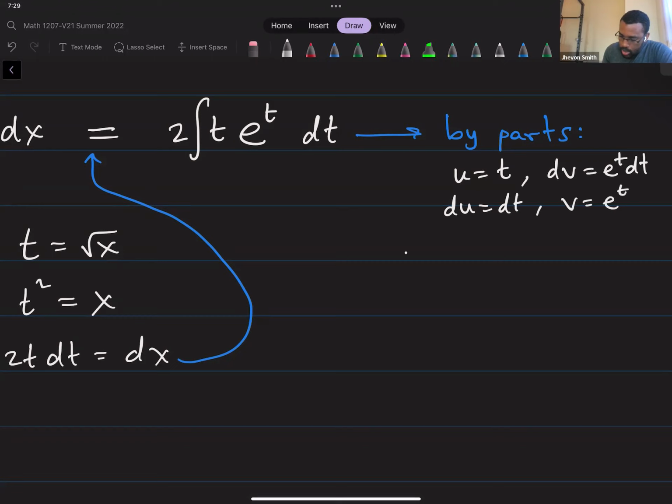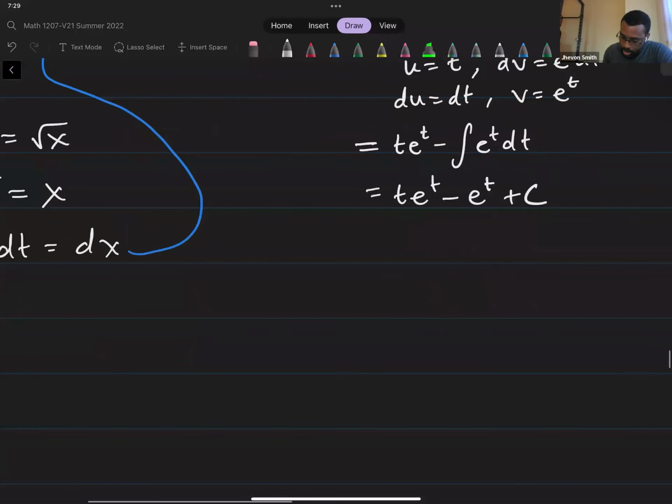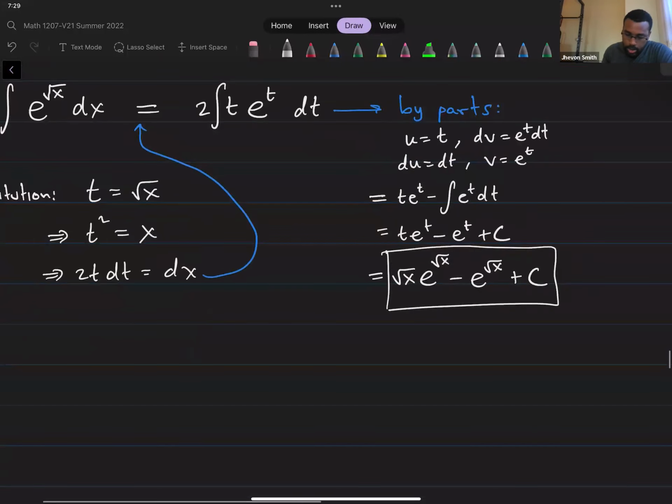So this gives us u times v minus the integral of v du. That's just t e to the t minus e to the t plus c. But my t is actually radical x. And that's your answer.